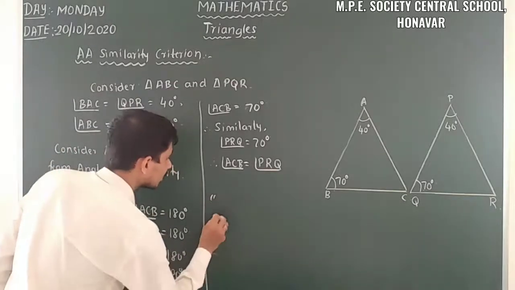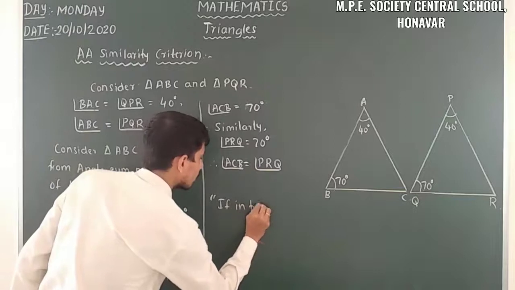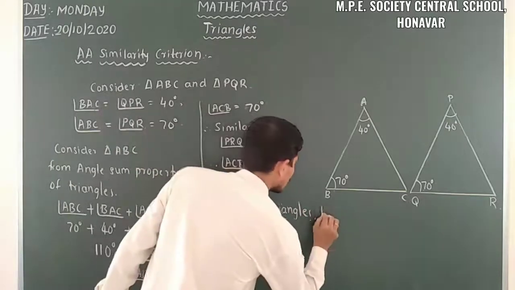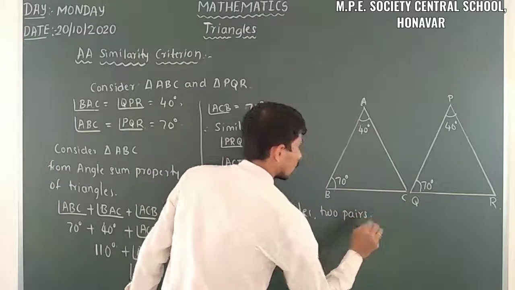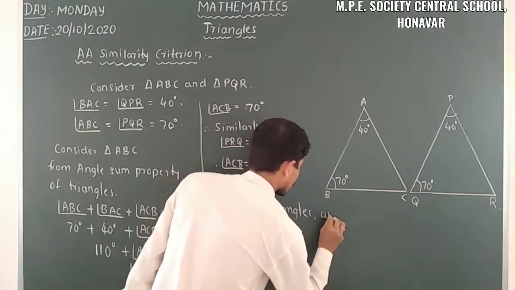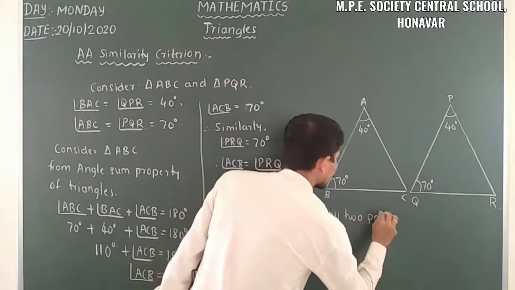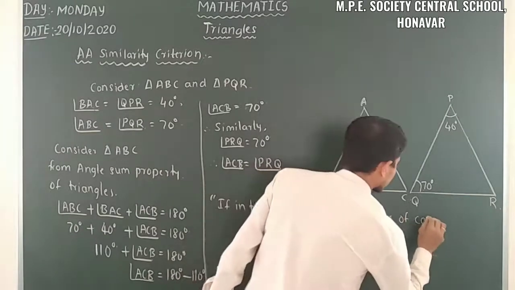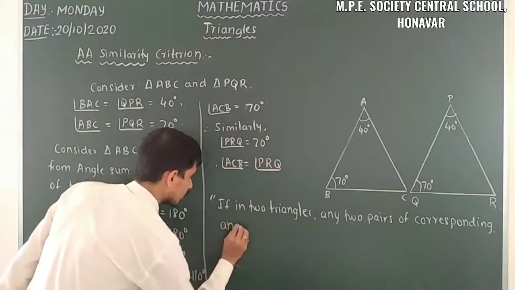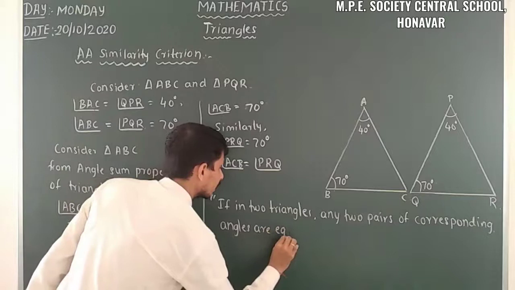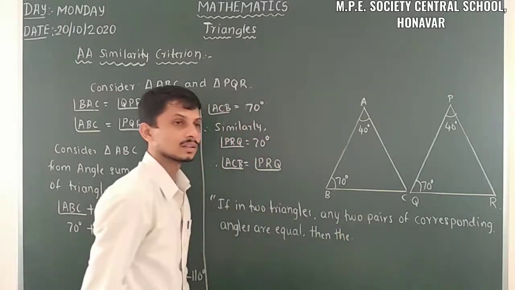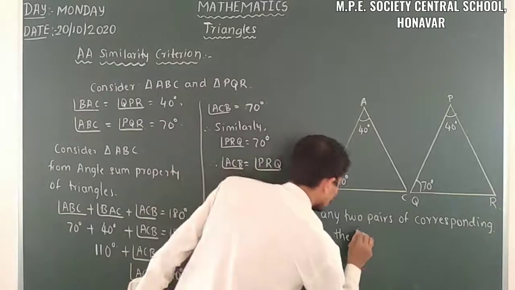If in two triangles, any two pairs of corresponding angles are equal, then the two triangles are similar.